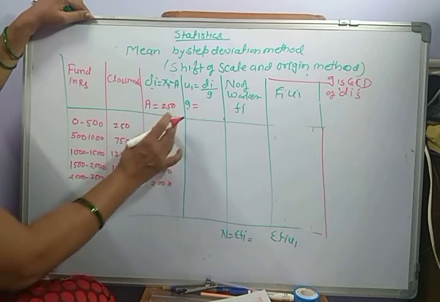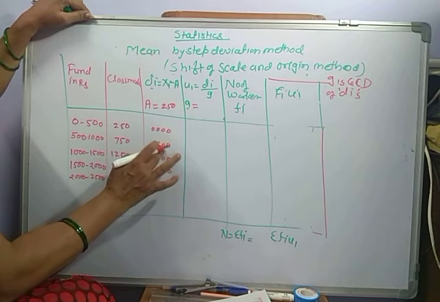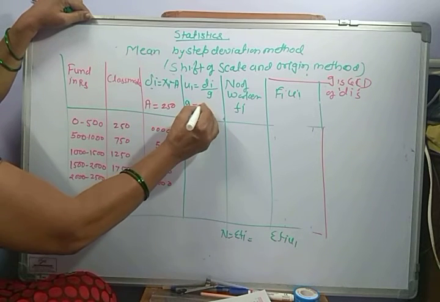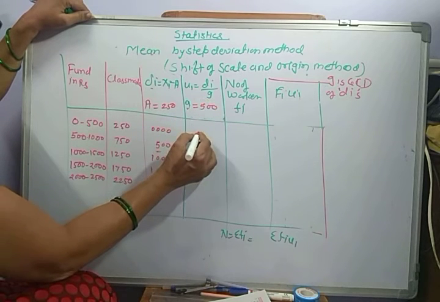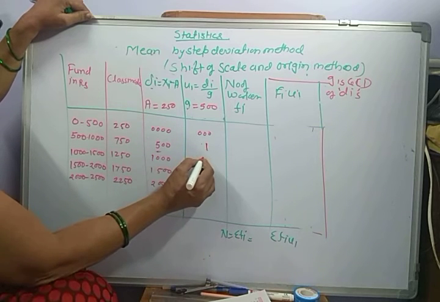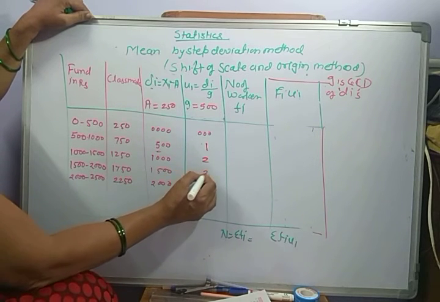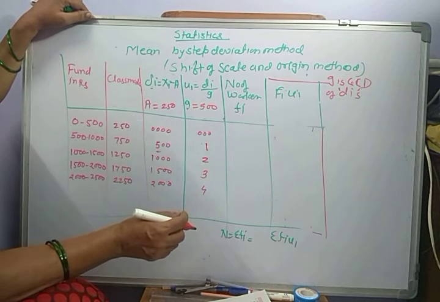Now you can see the GCD of these is 500, because they are all divisible by 500. So here G is equal to 500. Whatever Gi upon 500 comes out to be 0; 500 upon 500 is 1; 1000 upon 500 is 2; then 3, then 4. Now, are these numbers simpler to multiply?